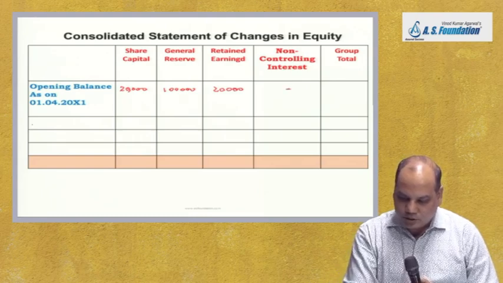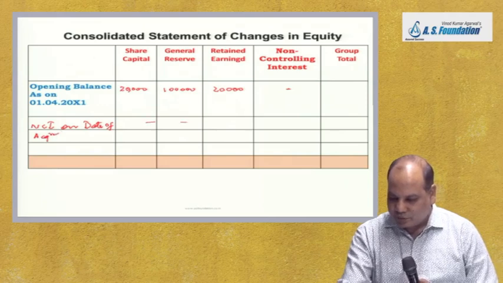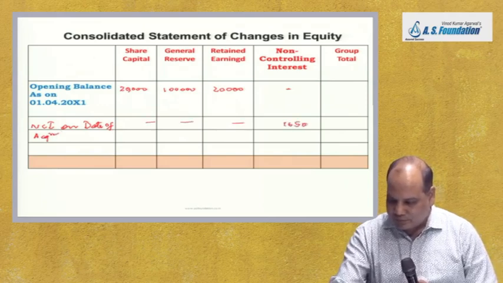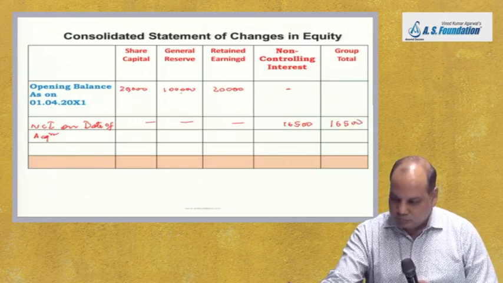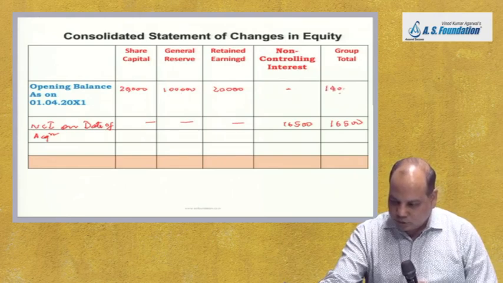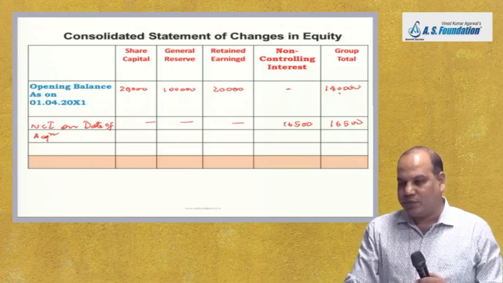And how much is the NCI on date of acquisition? How much NCI you have found out? Do we have any post acquisition profit in the subsidiary?